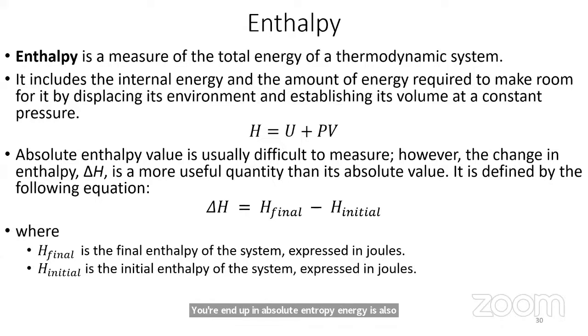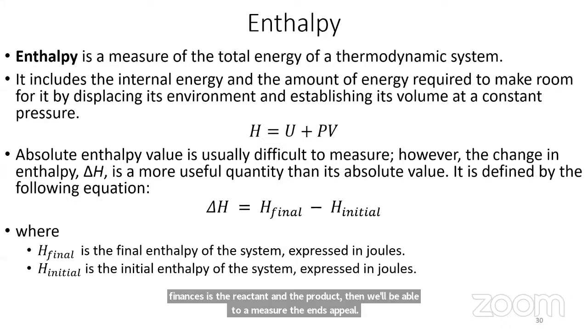But what we actually do is measure the change between the initial and the final entropy. Absolute entropy value is difficult, just as we talked about internal energy. But when we look at it in terms of initial and final, that is the reactant and the product, then we'll be able to measure the entropy of the thermodynamic system.